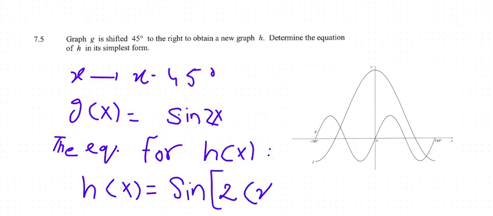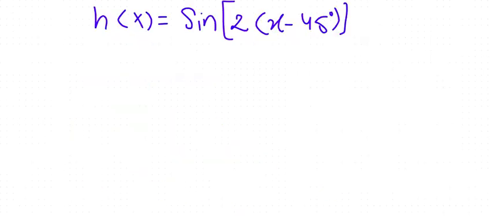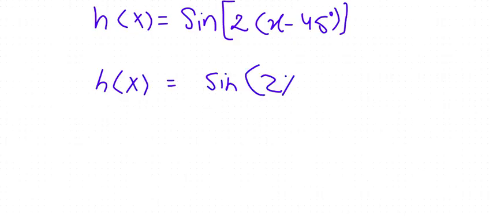Okay, so simplify the argument of the sine function. We have h of x equals to sine 2x minus 90. Okay, now use the trigonometric identities to simplify further.